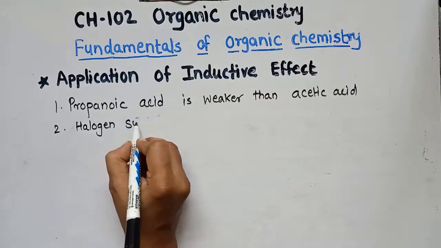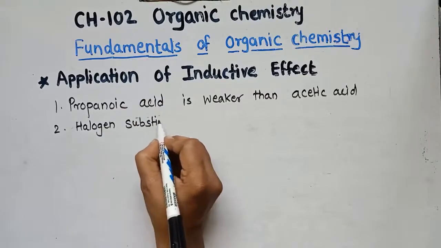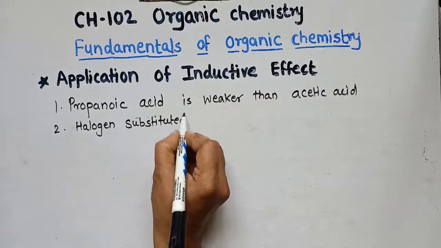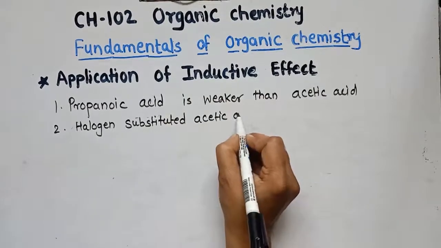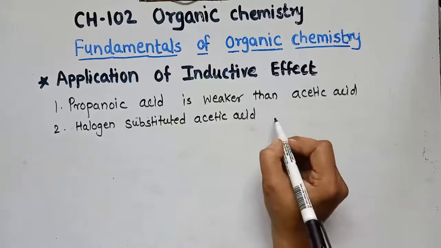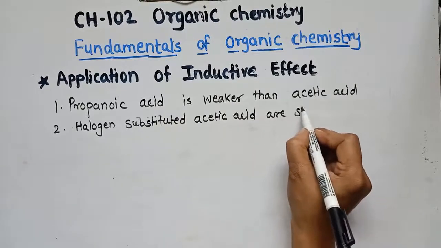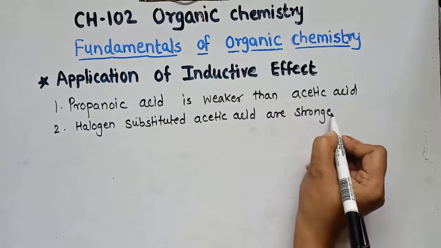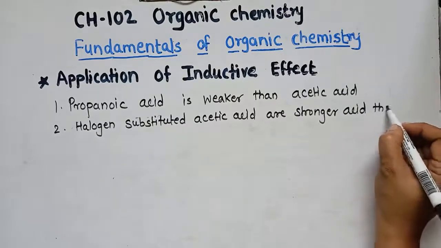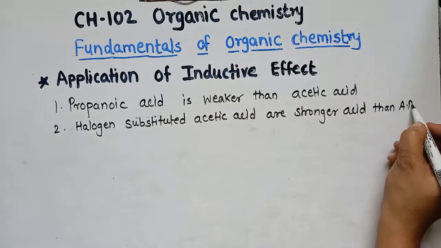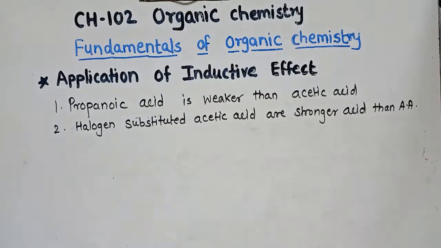Halogen substituted acetic acids are stronger acids than acetic acid. This AA indicates acetic acid.